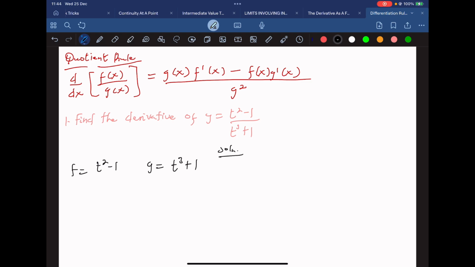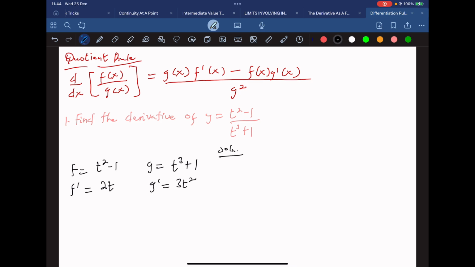We have to find f prime. So if we differentiate t squared, you're going to get 2t. If we differentiate a constant, that goes to 0. If we differentiate t cubed, we have 3t squared. And if we differentiate 1, that also goes to 0. So let's use that to substitute into our formula.